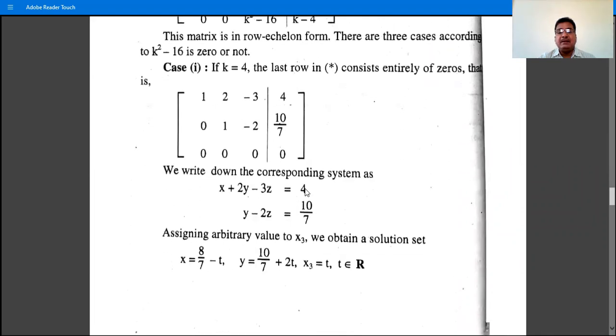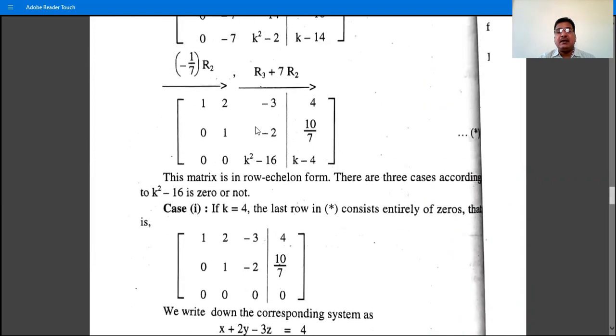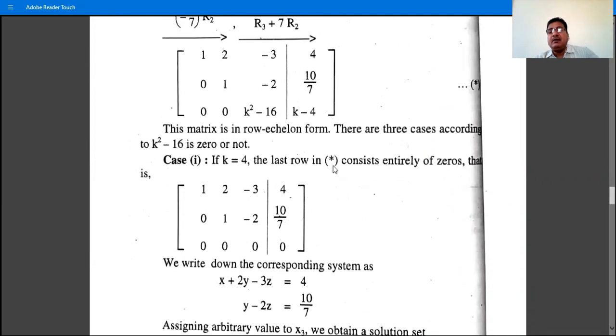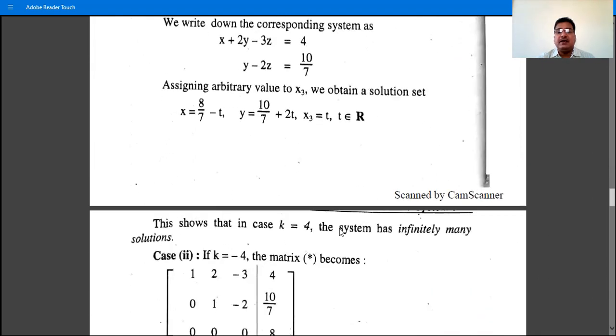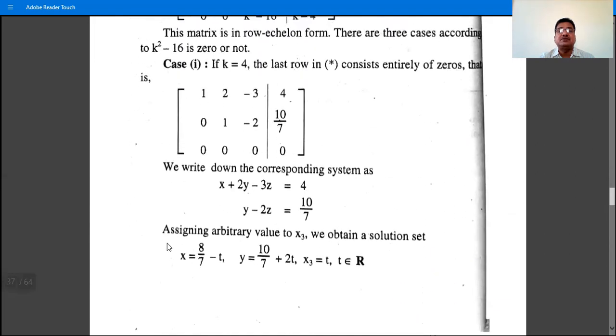In this case, if k is 4, we have 0 at this place and 0 at this place, and then rank of A is 2, rank of AB is 2, and the system has infinitely many solutions. That is, if k is 4, the system has infinitely many solutions.